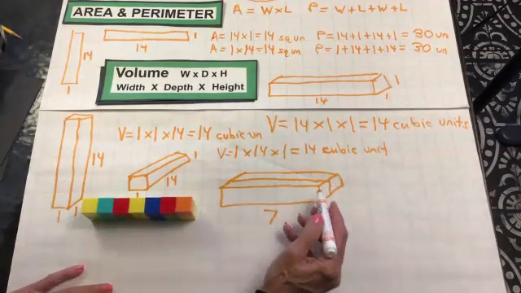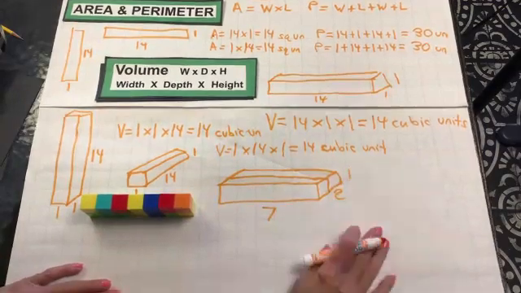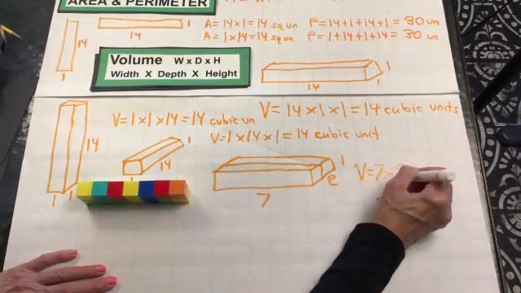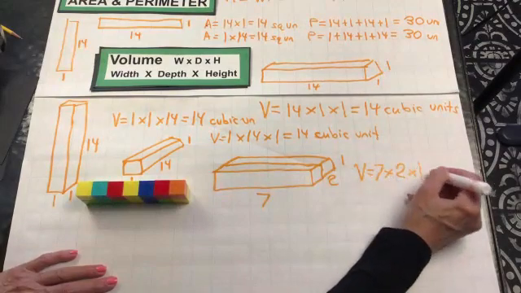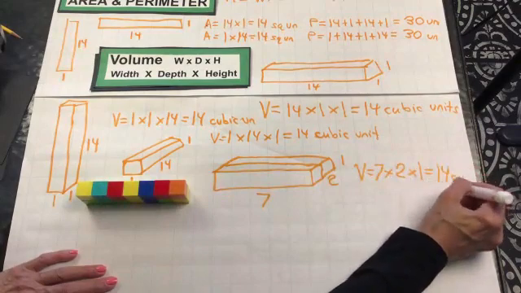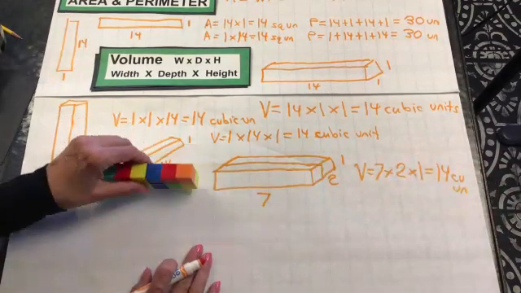All right. So we have a 7 by 2 by 1. So volume equals 7 times 2, which is 14, times 1 is 14 cubic units. Of course, we still have the same amount of units. We're just changing their structure.